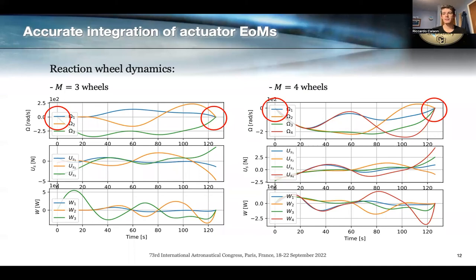This means that since the initial angular momentum was 0, also the final angular momentum needs to be 0, and this is accurately verified by the integration of the equations of motion. So this is just to validate that the math is working as intended.